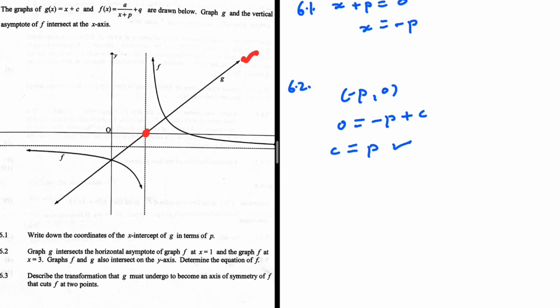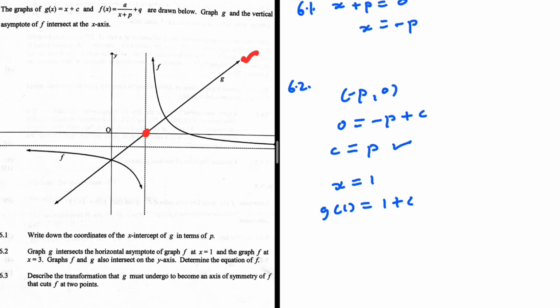Another piece of information we have is that g and the horizontal asymptote of f intersect at x equals 1. So let's see, g of 1 equals 1 plus c. That's where g and the horizontal asymptote of f intersect at x equals 1.